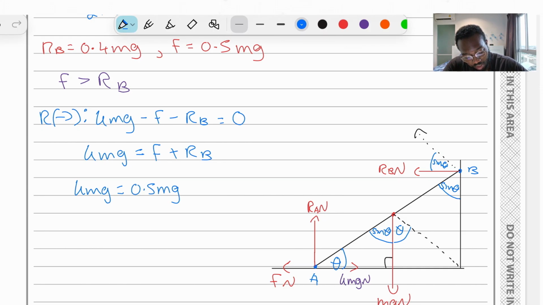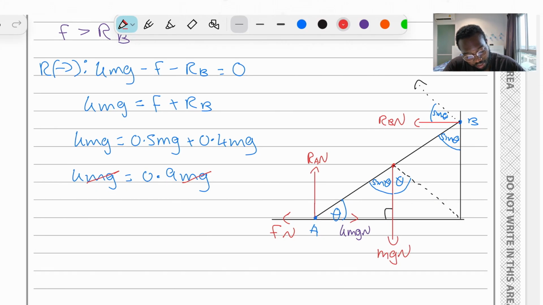We know that RB is 0.4 mg, and that means that kmg must equal 0.9 mg. Well, again, we can just simplify this down. So if we just want to look at what k is, well, mg's cancel out. We are just left with k, and that equals 0.9.